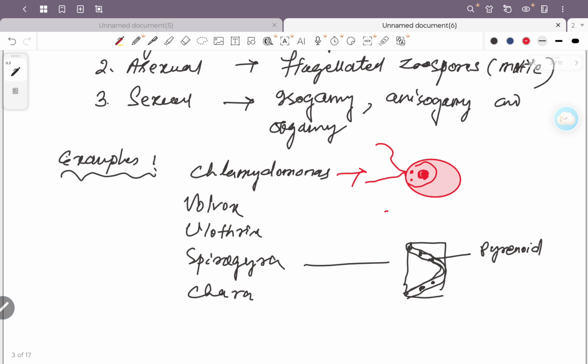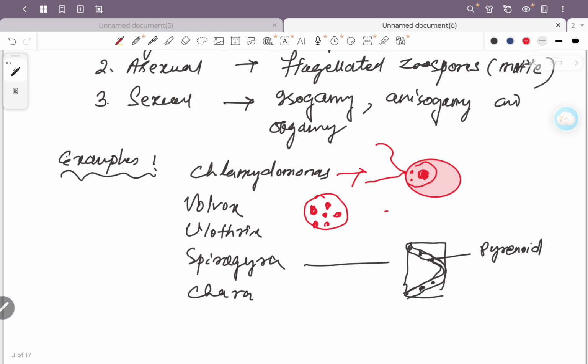Then next come to Volvox. I have already discussed Volvox. They are colonial forms. And then what else? Your Ulothrix, and Chara is also there. So these are some of the chlorophyceae.